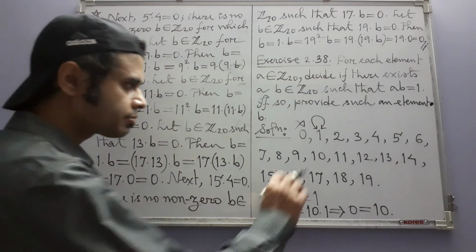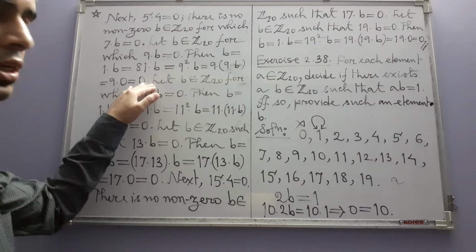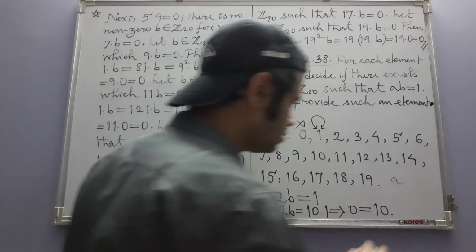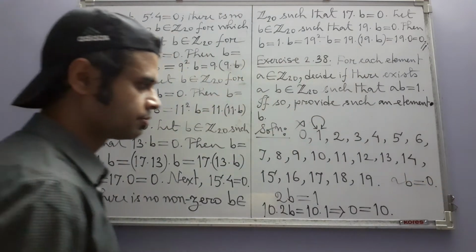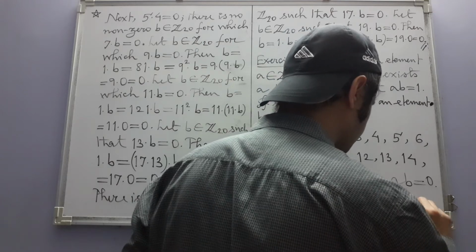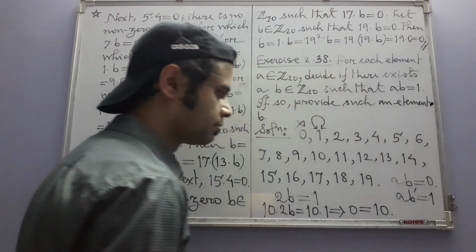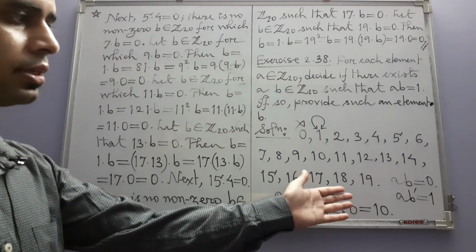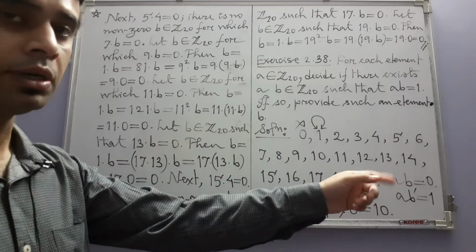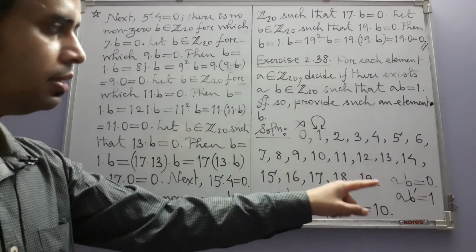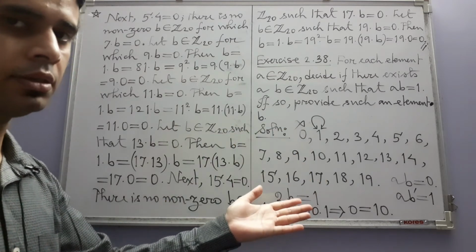Any A that has appeared in the previous solution, for which you found a non-zero B making the product 0, now you won't be able to find a B prime such that A B prime is equal to 1, because if you multiply on both sides by the non-zero B, the left side will be 0 whereas the right side will be that B. And B, according to these calculations, is non-zero.